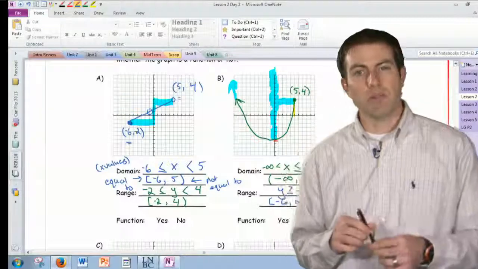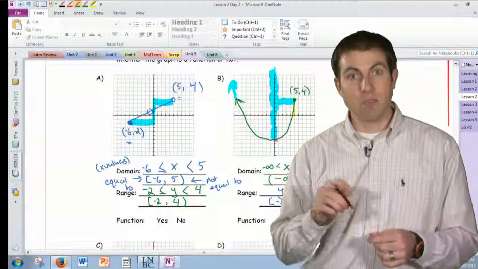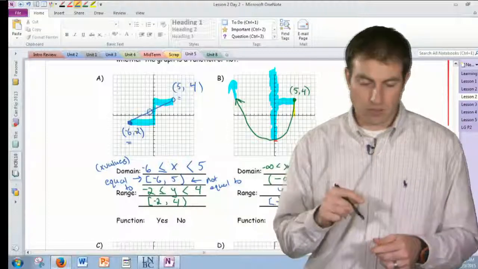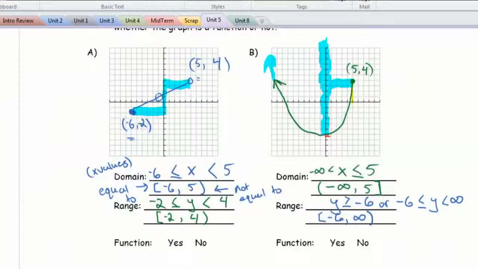So remember, for a function we have the vertical line test. If you can draw a vertical line that hits more than one point, in the first example here I have my blue line, so if I can draw a vertical line that hits that blue line in more than one spot, then it becomes a relation. And same goes here. But in both cases, these are both functions because I can only ever intersect one point on those two lines.